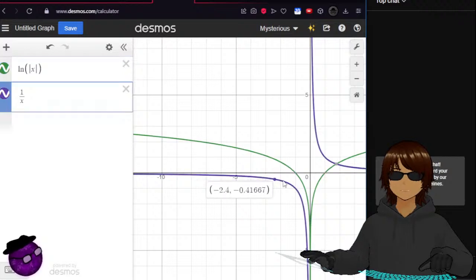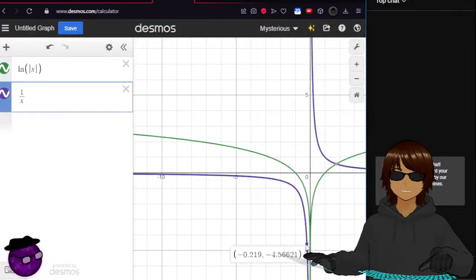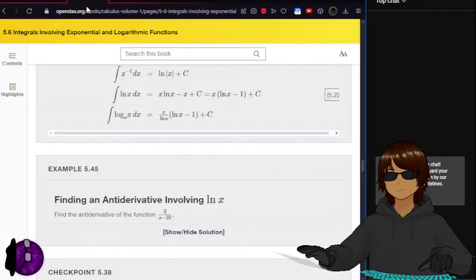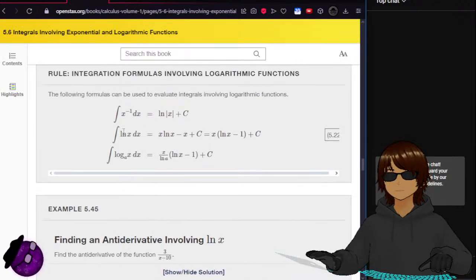The derivative of ln of x is x ln of x minus 1.